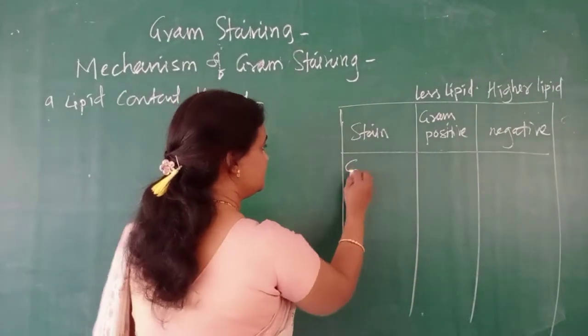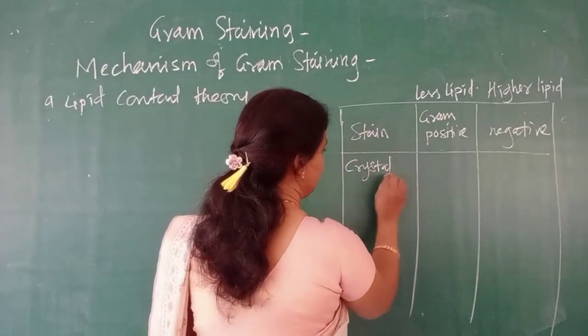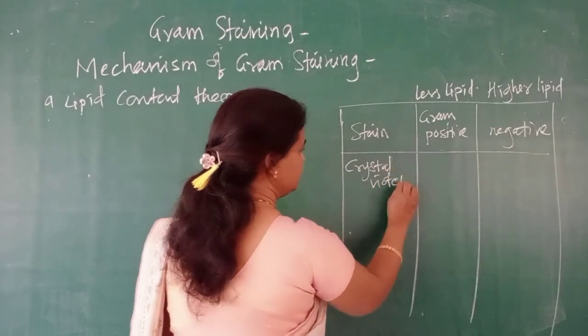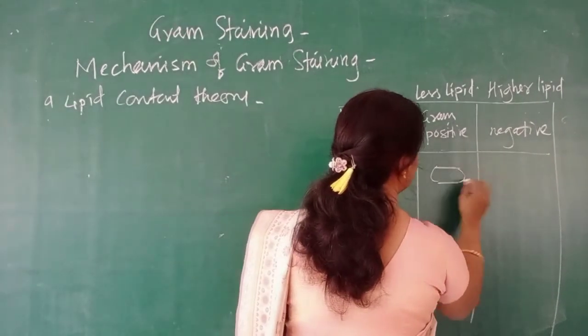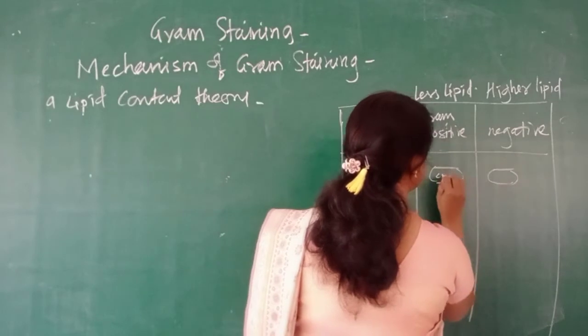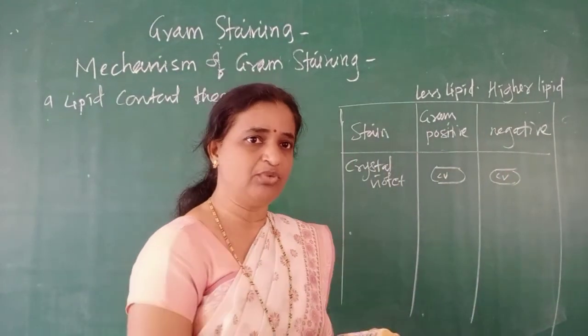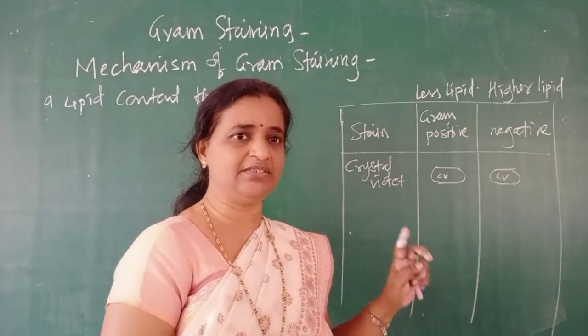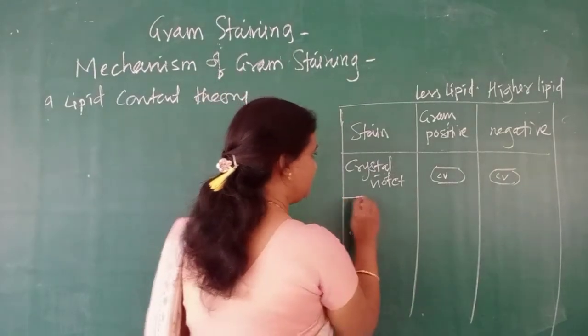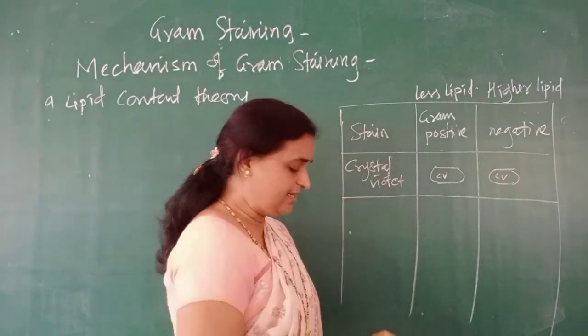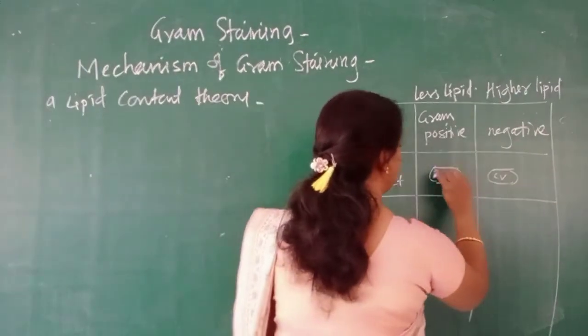When you apply the first stain of the procedure, that is crystal violet, your entire cell becomes violet, because crystal violet enters into the cell. Crystal violet is a basic stain, it gives color to both cells. So after the first stain, both the cells are violet.